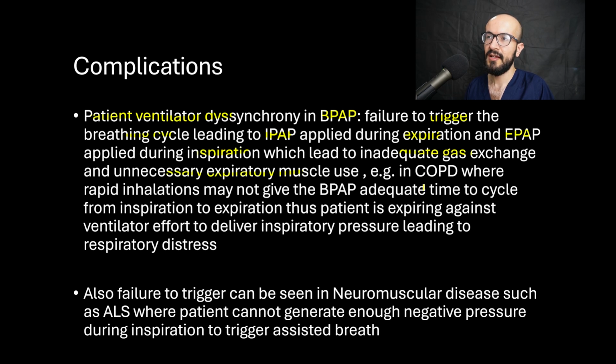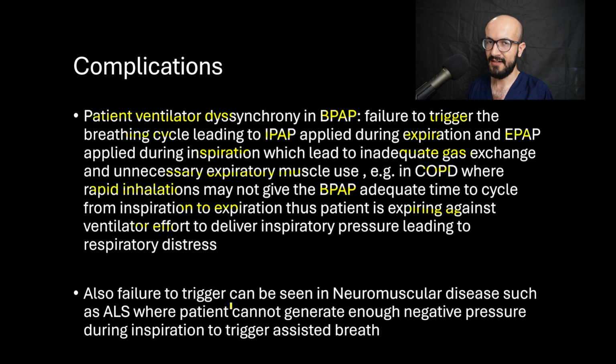For example, in chronic obstructive pulmonary disease, where the patient is inhaling rapidly, this may not give the bi-level positive airway pressure ventilation adequate time to cycle from inspiration to expiration, and thus the patient is exhaling against the ventilator effort to deliver inspiratory pressure, leading to respiratory distress.